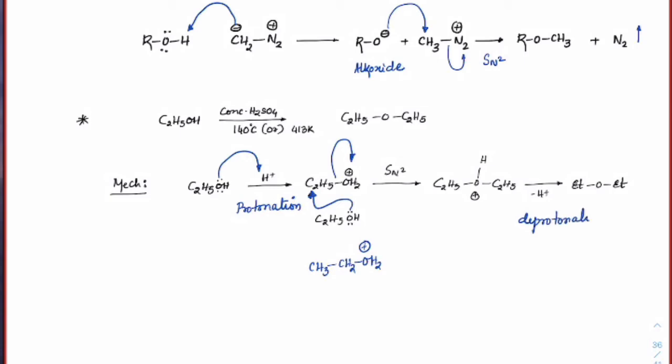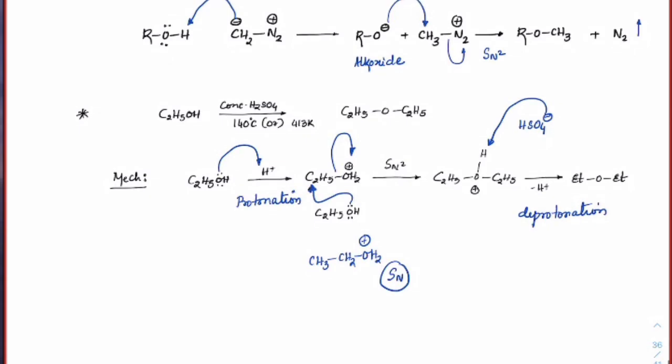Deprotonation. In NCERT it has been shown this way: HSO4 minus, which is present, is extracting this proton and deprotonation is done. Sometimes you can be asked what are the steps involved in this process. First protonation, then nucleophilic substitution SN, and then deprotonation, and that's how we will get ethers. Make a note.